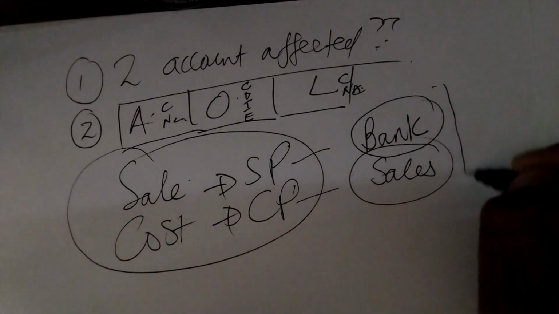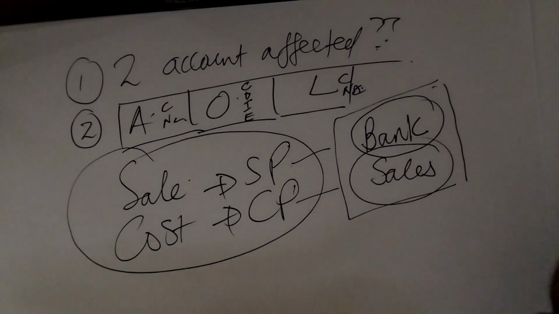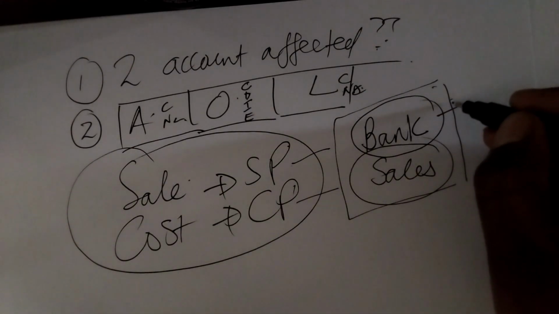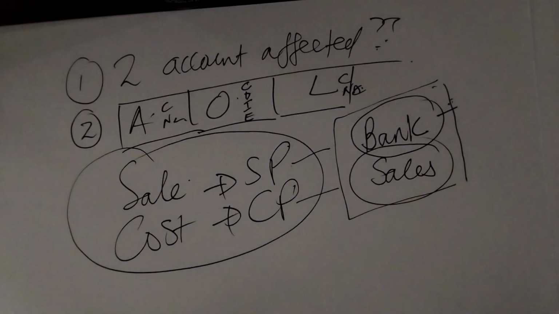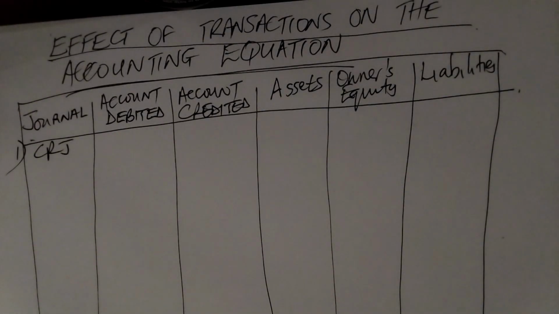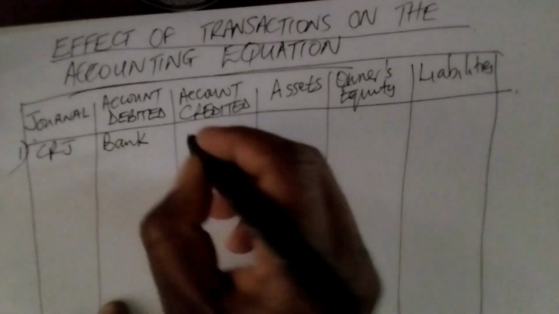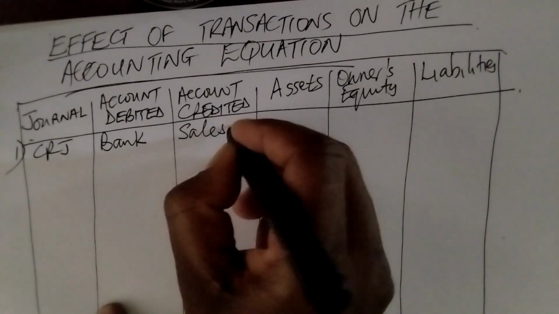So your two accounts affected are your bank and your sales. But in what way? So the bank, when a sale is done, money comes into the bank, which is a positive, and we know from the previous accounting equation that assets increase on the debit side, which means my debit here is going to be the bank, and then I credit sales.